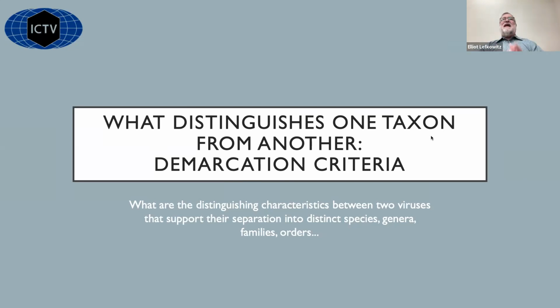And so in many forms of life, bacteria, for instance, there's a common demarcation criteria that's pretty much used for all bacteria. That is, if they have a level of nucleotide sequence identity that's 97% or higher, they're classified into the same species. For other forms of life, there are other characteristics that are used.